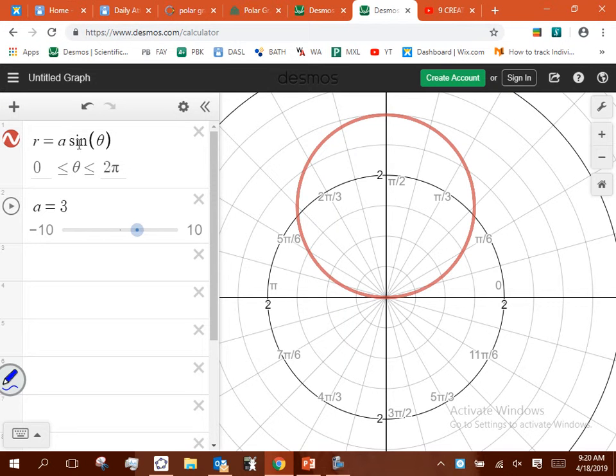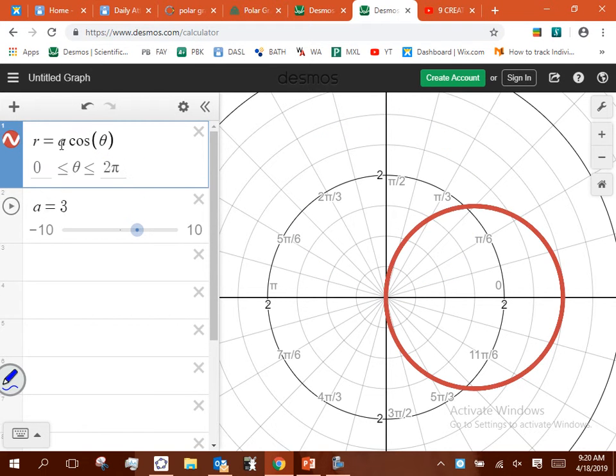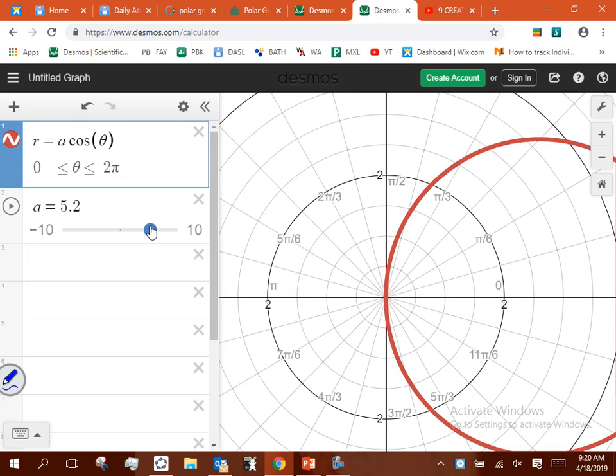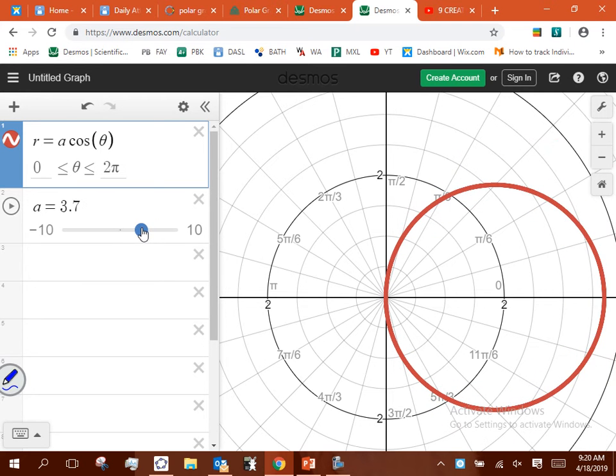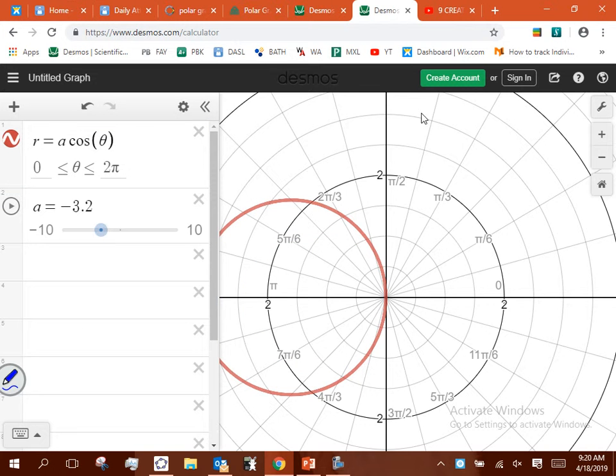If I interchange sine with cosine, we get something like that. It's just the same circle, but now it's symmetric with the x-axis, right? Or the polar axis. Changing the a value is going to obviously change that diameter. If I make my a value negative, which is fine, it's now a reflection across this axis here, right?